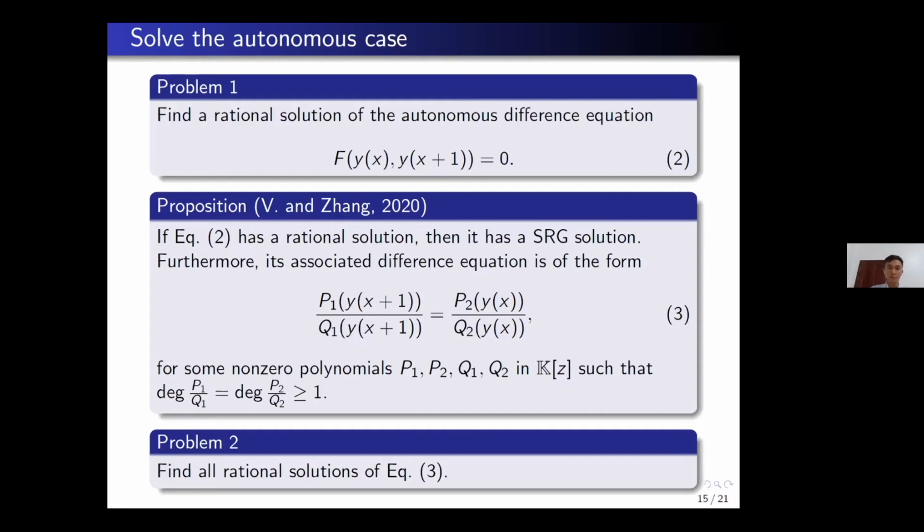Furthermore, the associated differential equation will be of the form P1(y(x+1))/Q1(y(x+1)) = P2(y(x))/Q2(y(x)) for some non-zero polynomials P1, P2, Q1, Q2, and they are polynomials in one variable.